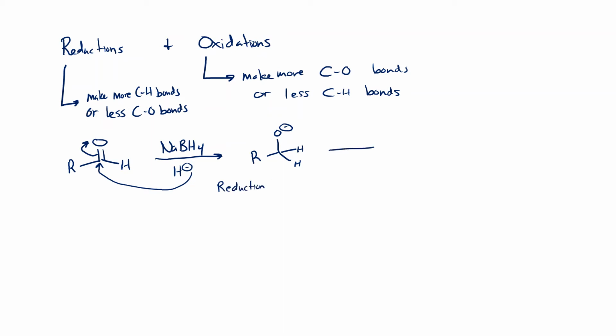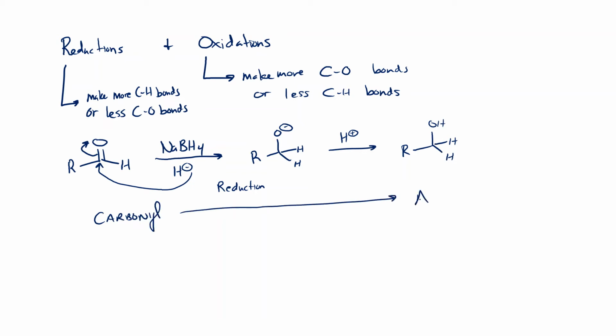And then we would work this up, adding some kind of H plus, some mild acid that would convert this to the alcohol. So as we go from an aldehyde over here to an alcohol as our product, this is a reduction.